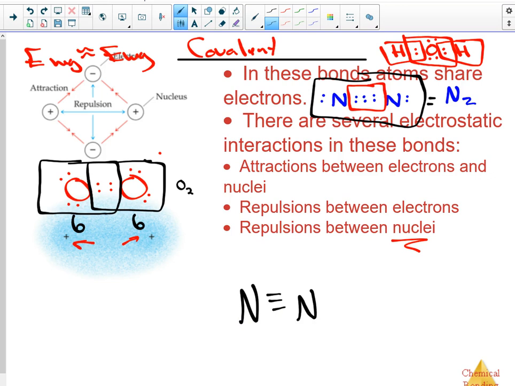Oxygen is also diatomic. Since one can't steal from the other, they have to share. Oxygen will share 2 pairs of electrons, or form a double bond. They're not super complicated, but we share electrons in a covalent bond.